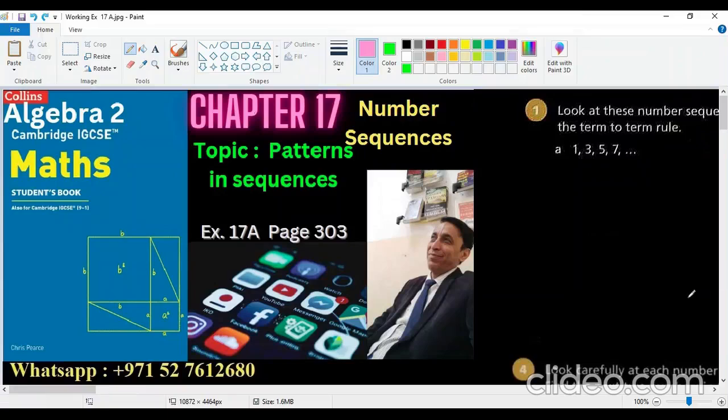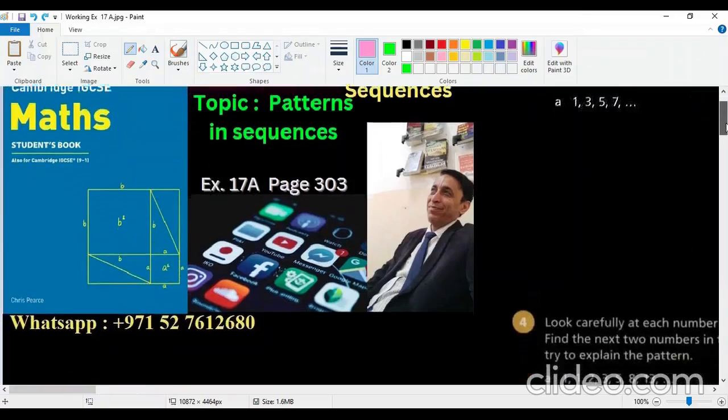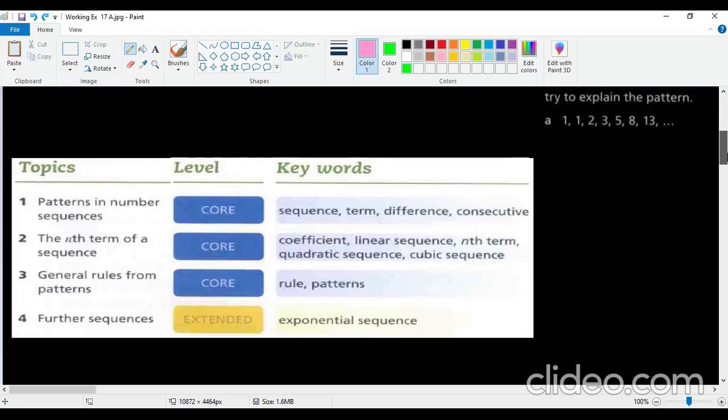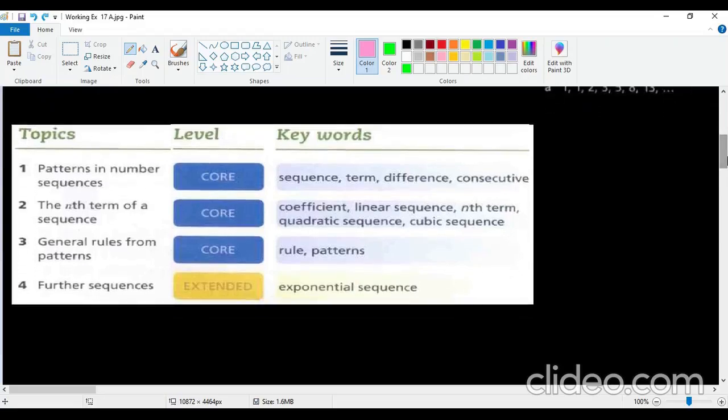Just to give you a brief idea about how I'm going to work with this, you should know very well that exercise 17a is for patterns in number sequences. This is a core topic. Exercises 17b and 17c are for the nth term of a sequence.